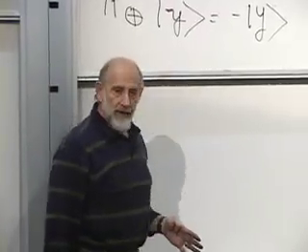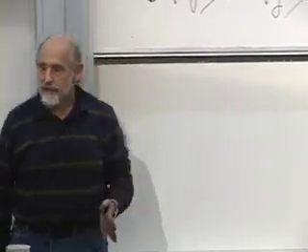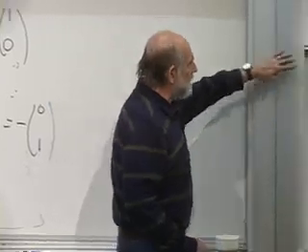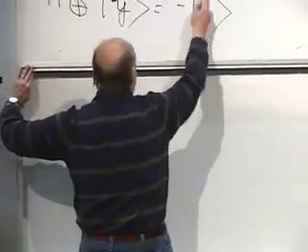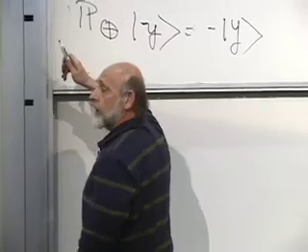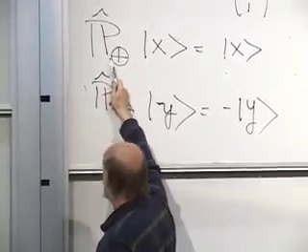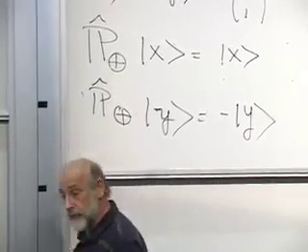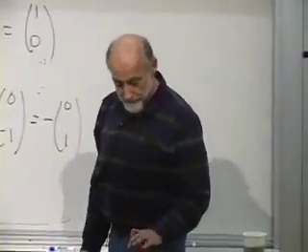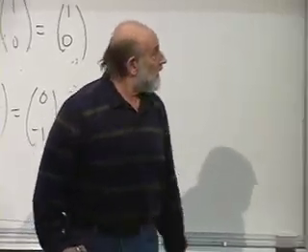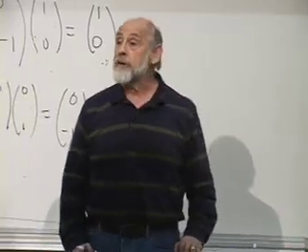The two basis vectors are states of definite polarization, and the observable polarization, the mathematical observable, is represented by the operator P. Any questions?